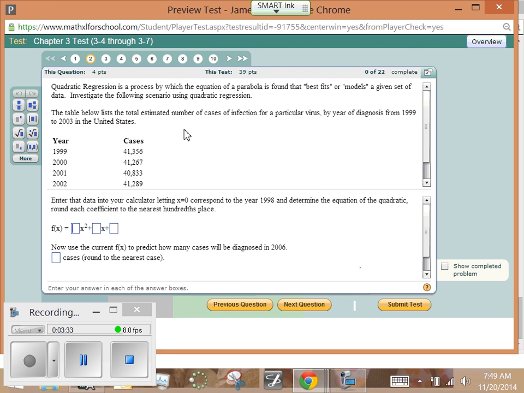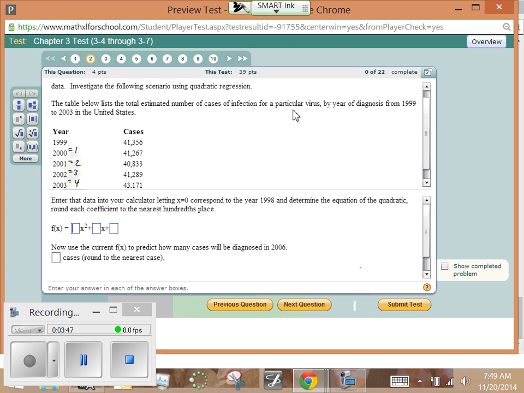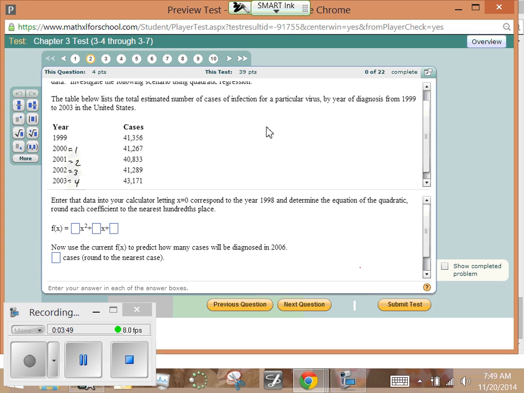This question here, the way they read it, we're going to say that 0 corresponds to 98. So this will correspond to 1, 2, 3, 4, and then the last one, let me scroll down here, is going to be 5. So 2003 will be 5.